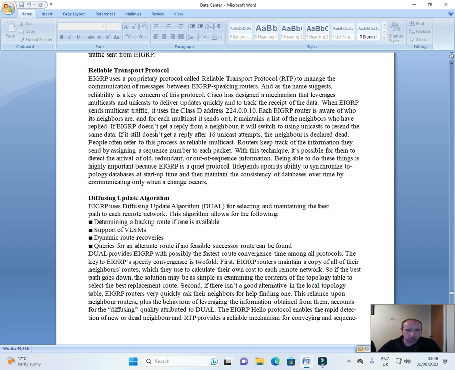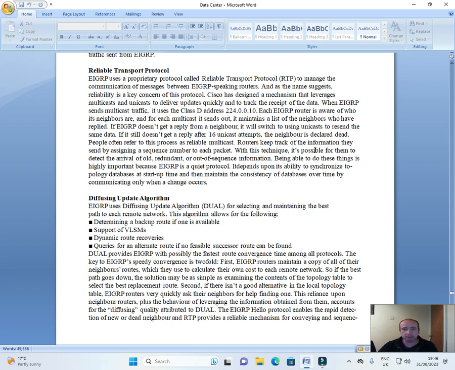If EIGRP doesn't get a reply from a neighbour, it will switch to using unicasts to resend the same data. If it still doesn't get a reply after 16 unicast attempts, the neighbour is declared dead. People often refer to this process as reliable multicast.